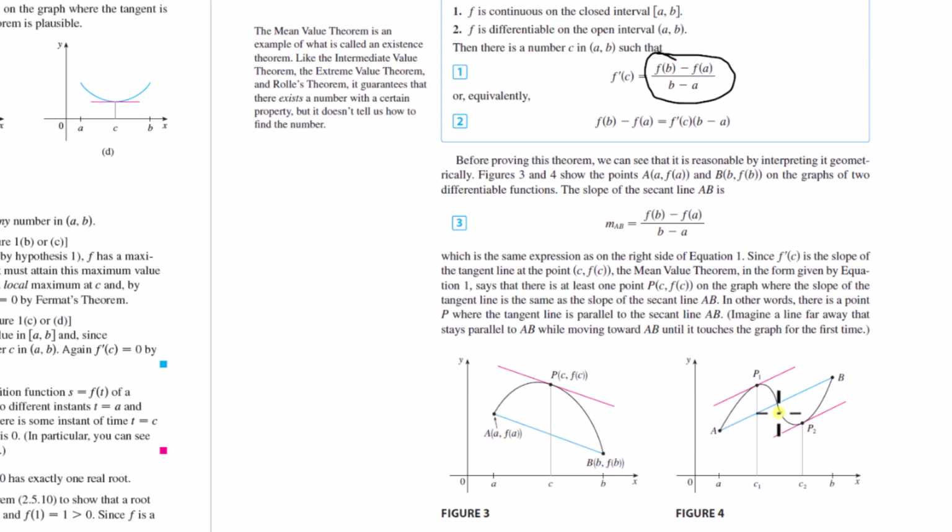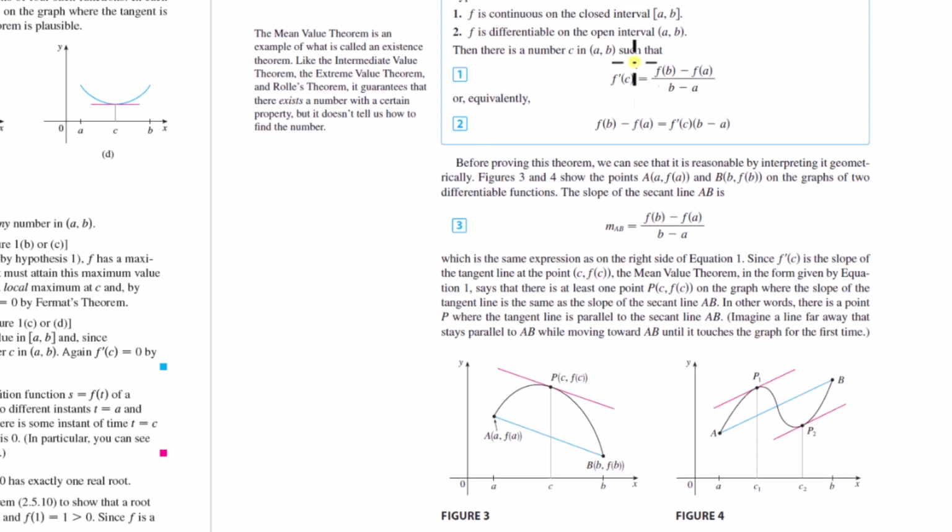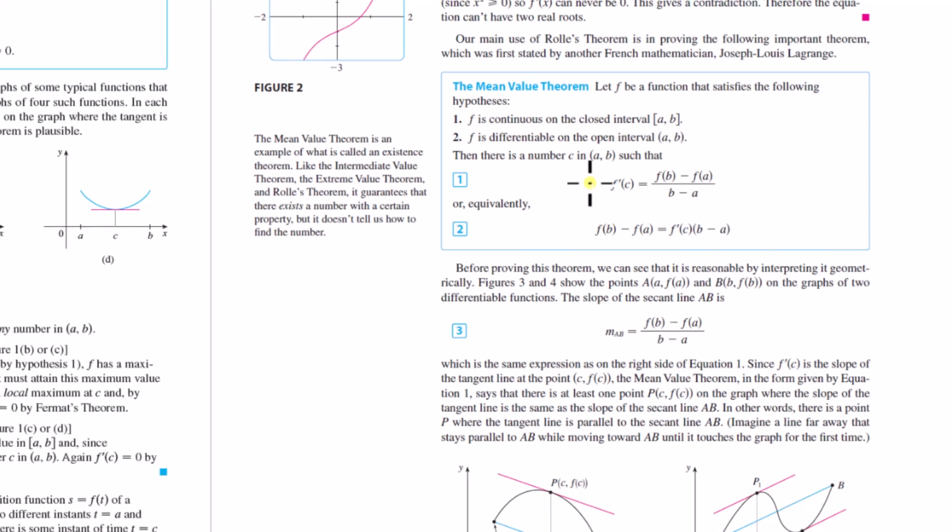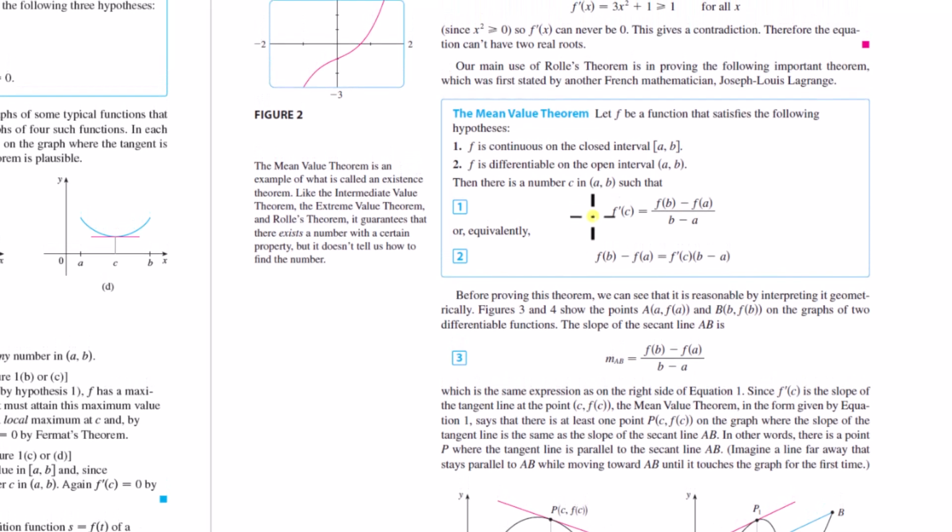And so what the mean value theorem is saying for differentiation is that under these conditions, whether the function is continuous and differentiable, there's going to be at least one point x within a and b where the derivative of the function evaluated at that point is equal to that slope of the secant line, right?